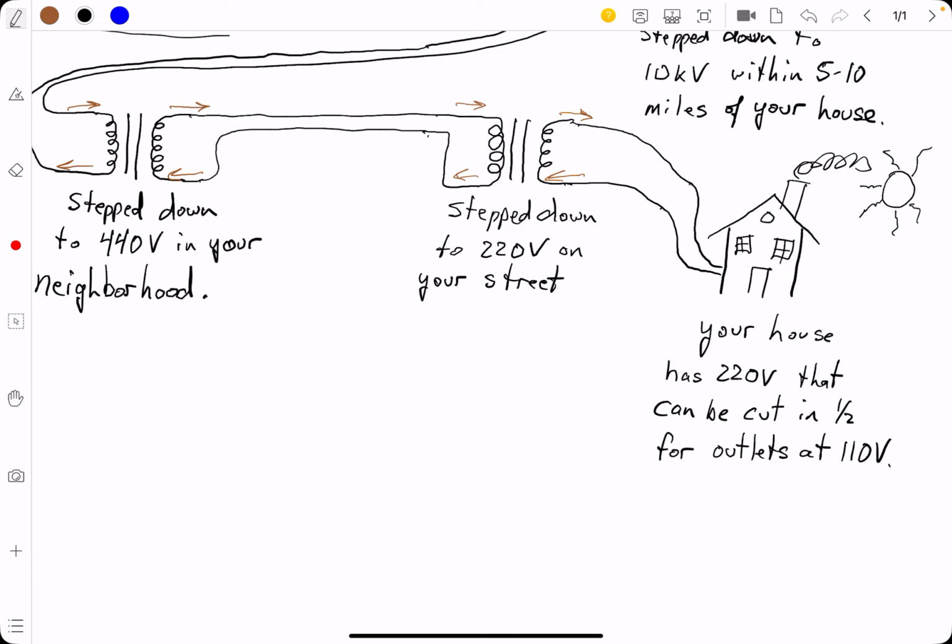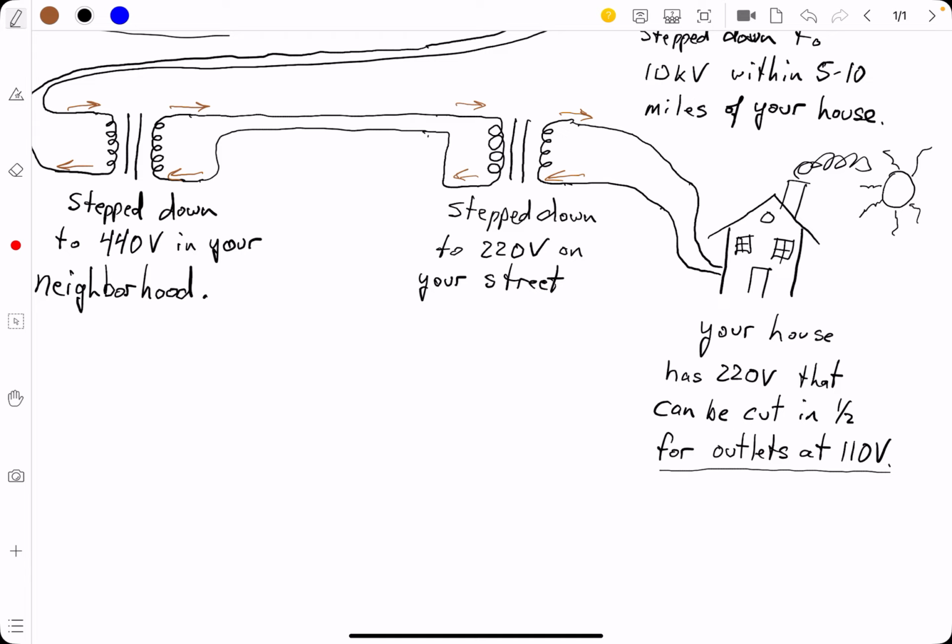So one side gets 220 volts to the other side, but then they have this halfway in between. It's kind of like having a transformer in that box, and you can cut it so that you only get half the voltage. So most of your outlets at your house have that 110 volts because they've cut it in half.